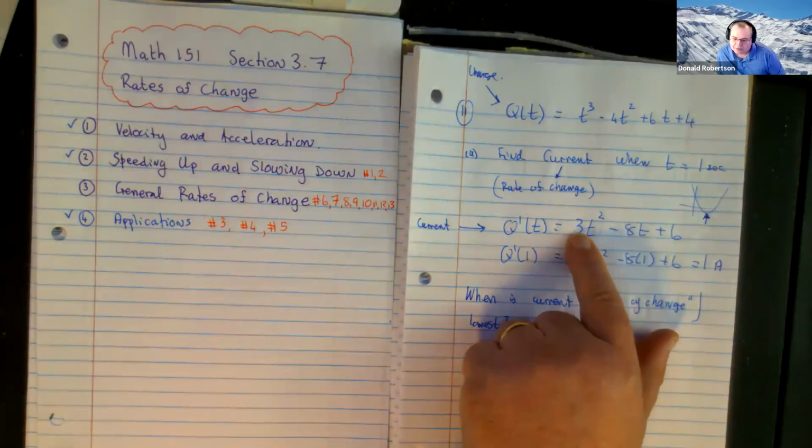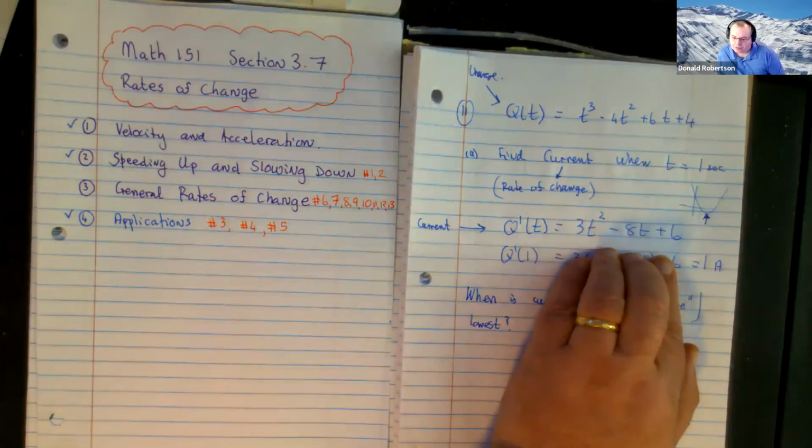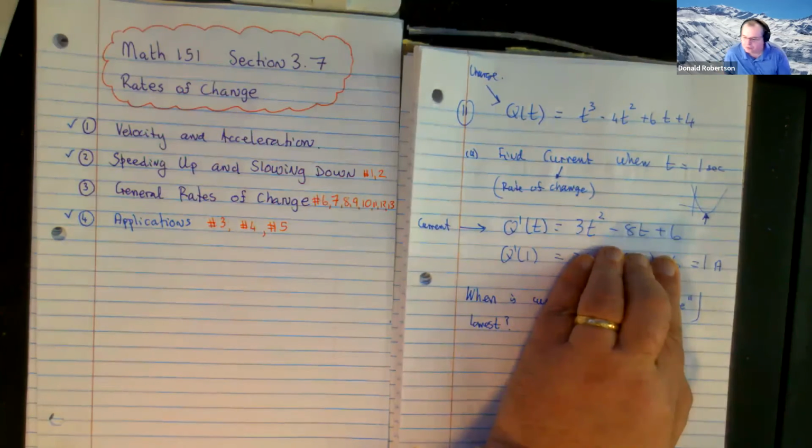I'm going to take this guy here, and I want to find out when it hits the bottom. Now I can do that a couple of ways. Couldn't I just plug that into Desmos and find out where the bottom was? Couldn't I use the formula that you picked up in Math 141 that tells you the x coordinate of the vertex? Wouldn't that work?